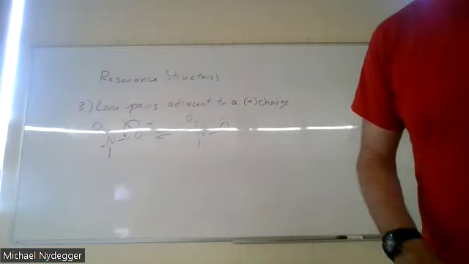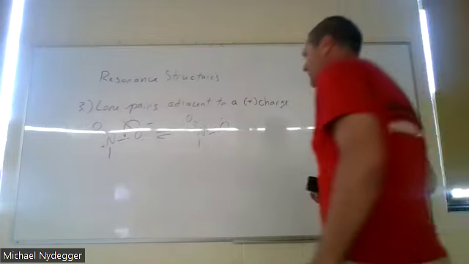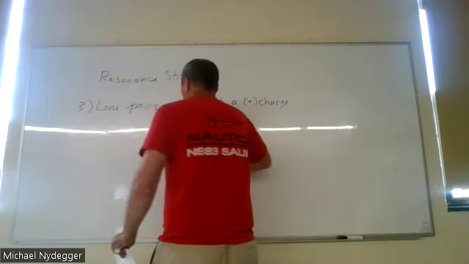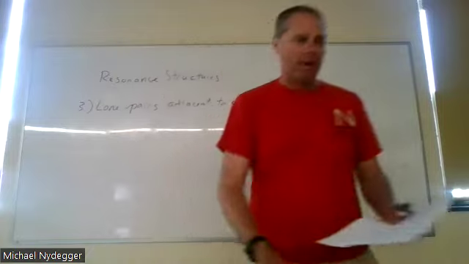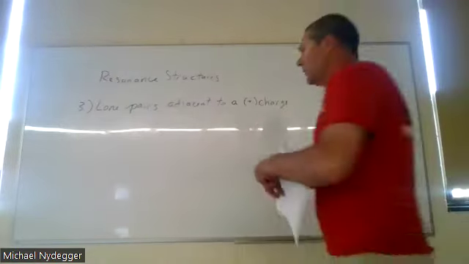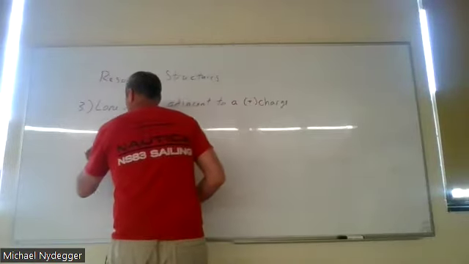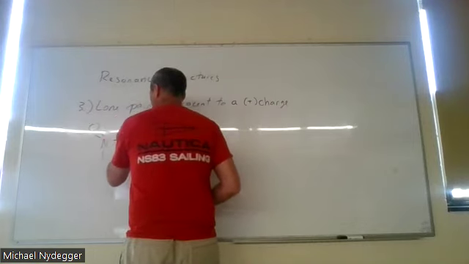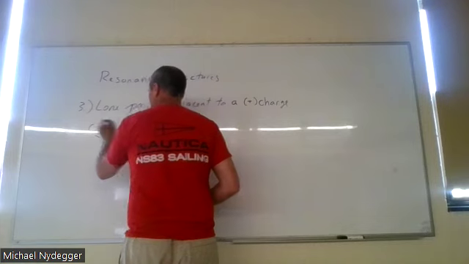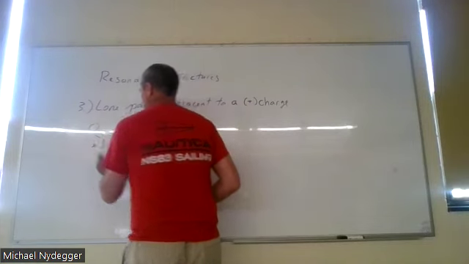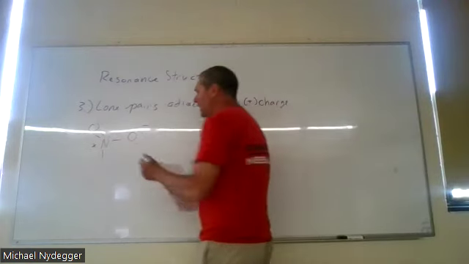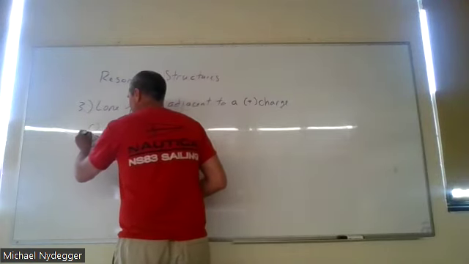This is where it becomes, like I said, a little tricky and a little nitpicky, I guess. So let's look at this again. Let's look at how we can do this. How can we draw a resonance structure for that molecule? So we have a nitrogen, methyl, oxygen, oxygen, negatively charged, positively charged. What has to happen here, number one, is that this pair of electrons has got to go up there.